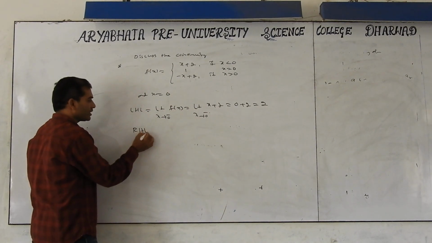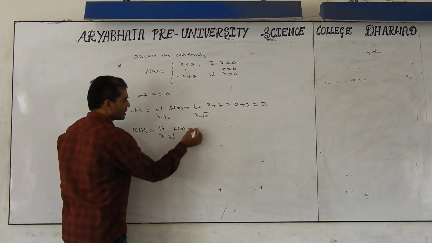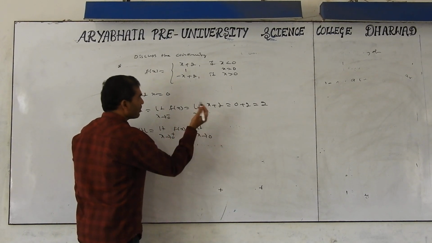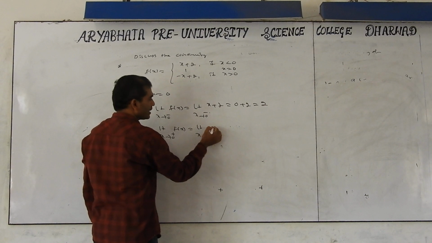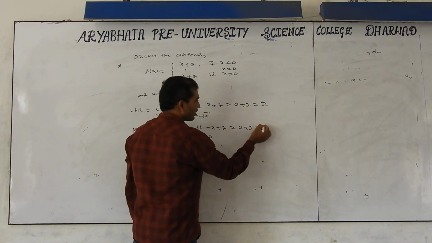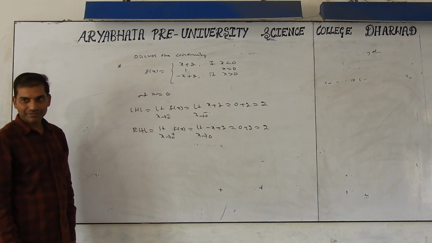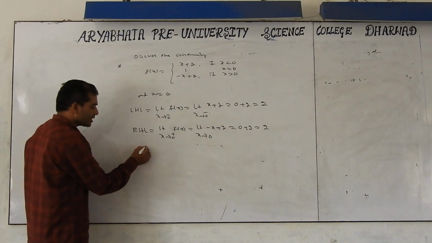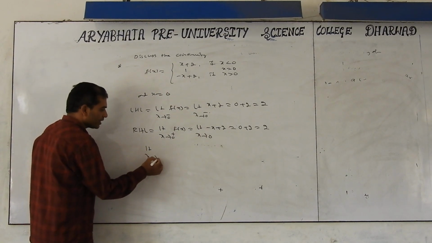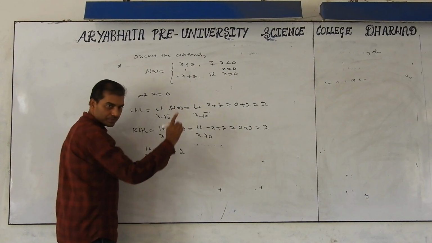Right limit, RHL: limit of x tends to 0 plus f of x, x tends to above 0, minus x plus 2, for 0 it is 0 plus 2 equals 2. So left limit and right limit are equal. So the limit exists here. Limit of x tends to 0 of f of x equals 2.